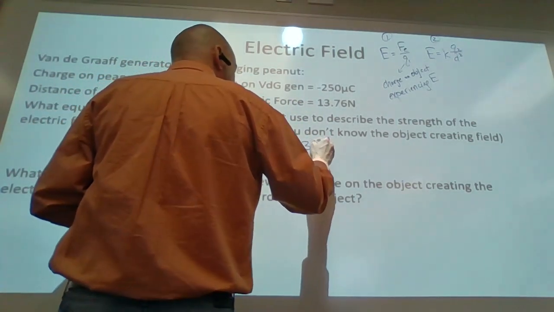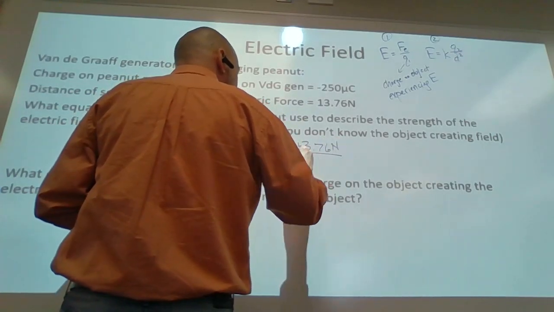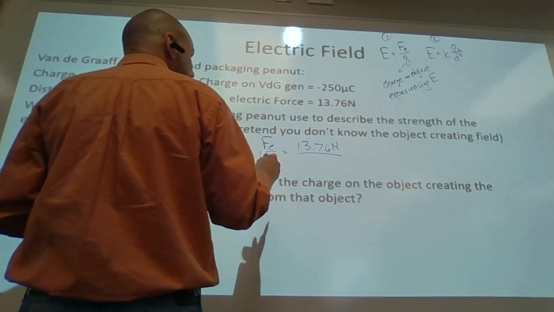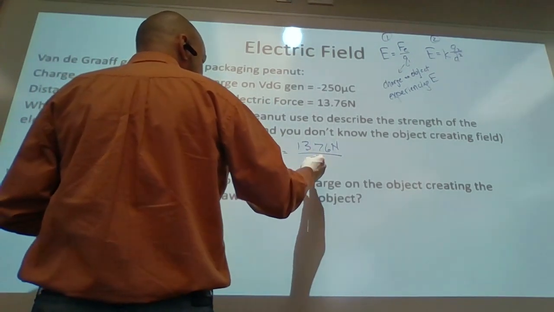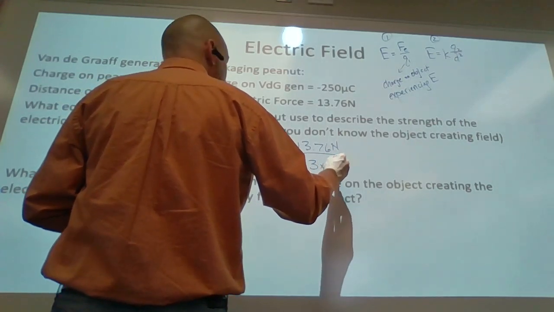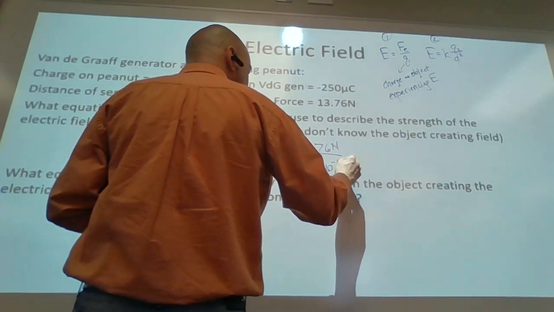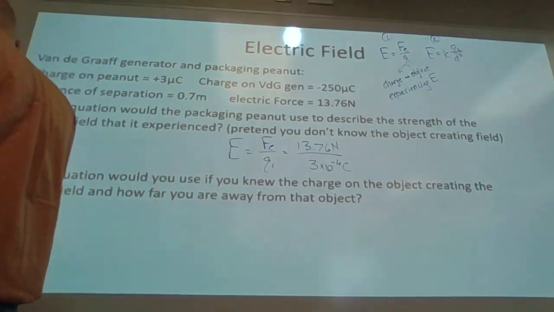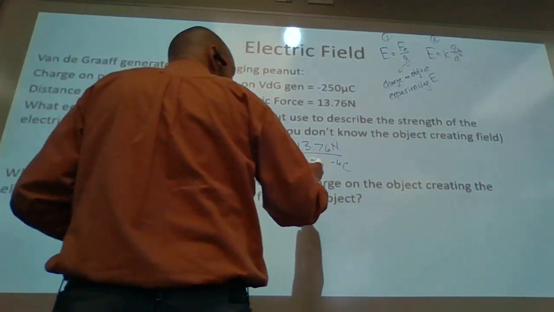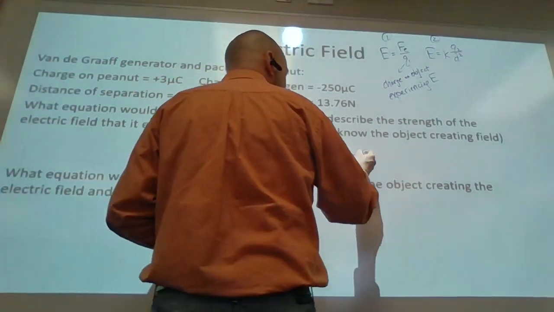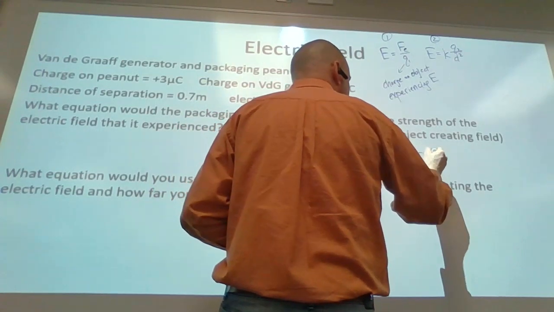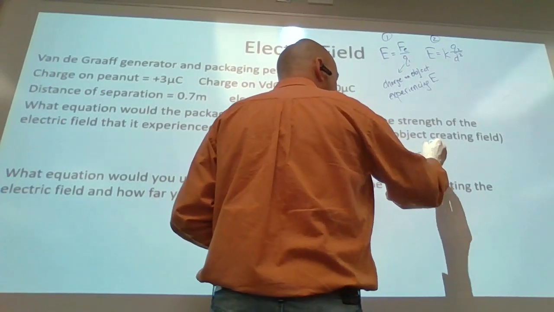So given 13.76 newtons and you have 3 times 10 to the negative 6 coulombs, when I do that, I get 4.59 times 10 to the 6th.